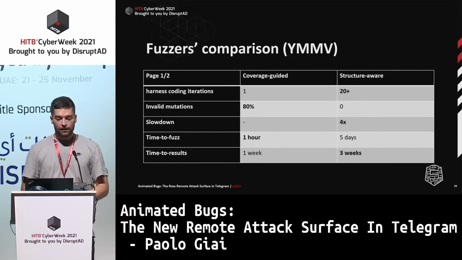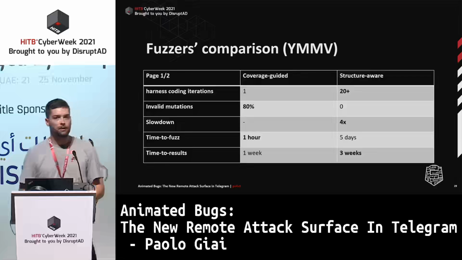Time to results 2 is quite different, since even if the coverage was advancing faster than the simple coverage guided fuzzing, it still took quite a lot of time in order to arrive to more than 90% of coverage. So that was another difference.